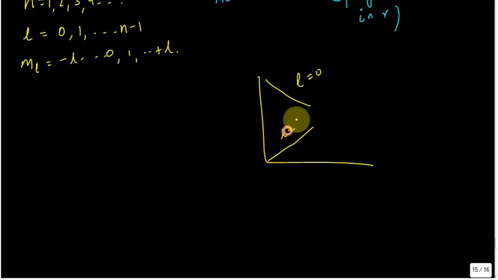For L equals 2, it should be a parabola. For L equals 3, it should be a cubic. So what it tells me is that for larger values of L, the wave function does not exist much at or close to the nucleus. So the probability of finding the electron in a larger L subshell happens to be lower. Or in other words, this is something you might have heard, that the penetration depth of the s orbital is the largest.